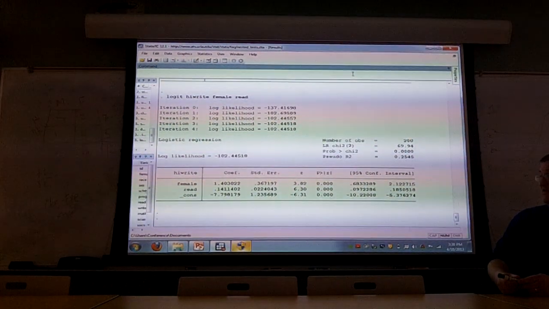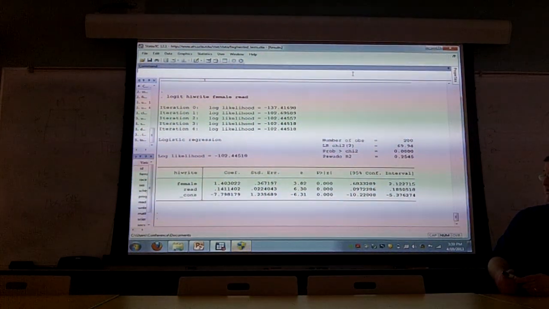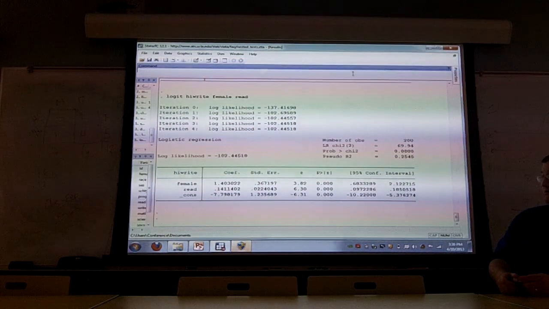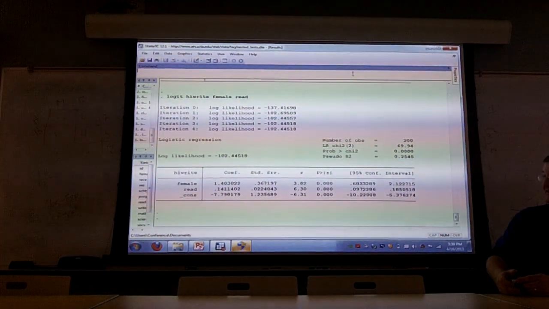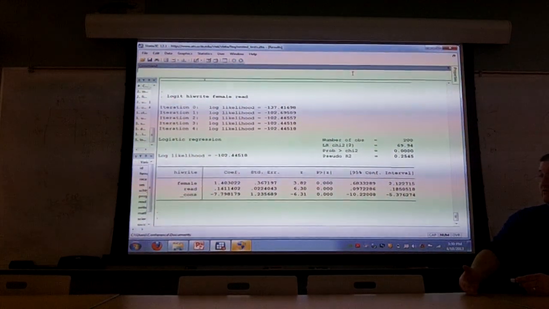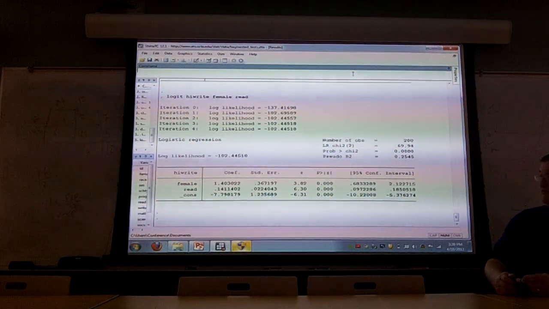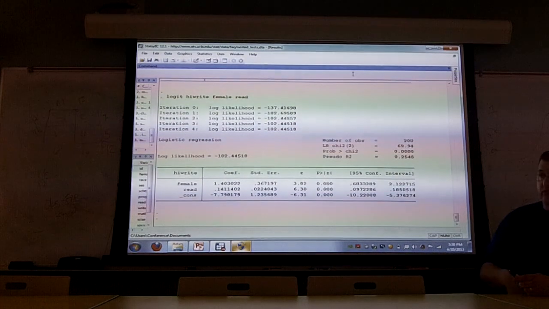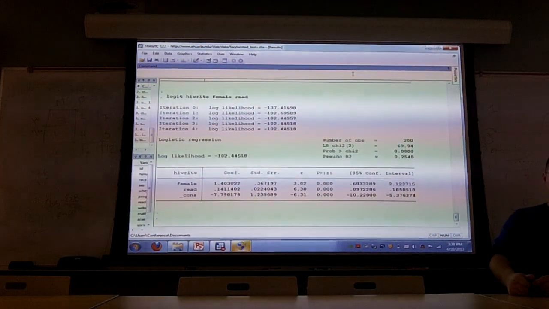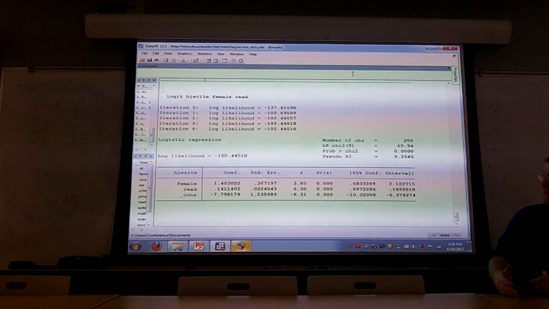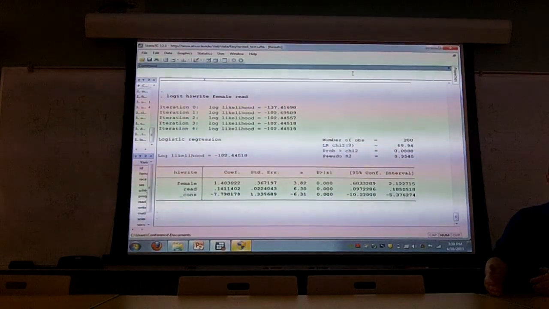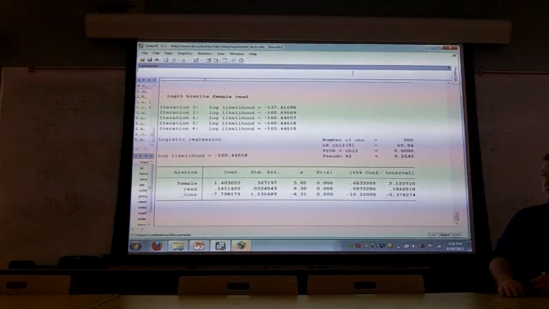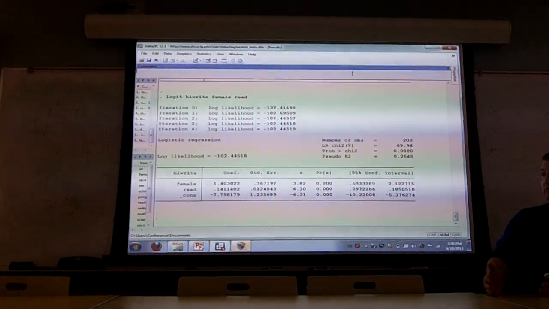So being female is more likely, relative to being male, to have a writing score above average. Because the coefficient for reading, this is your reading score, is positive, the higher your reading score, the more likely it is that you're going to have an above average writing score.